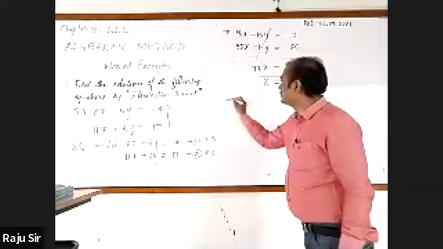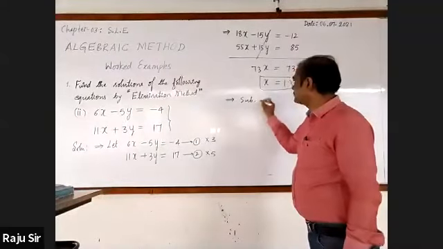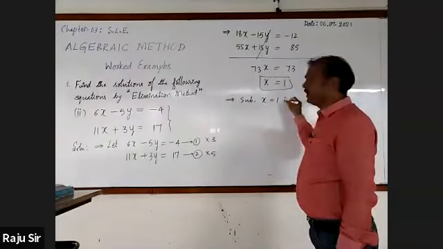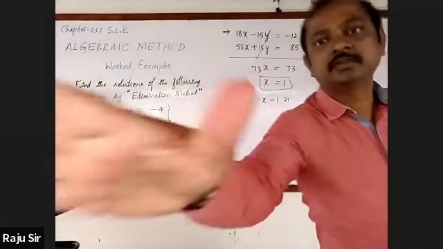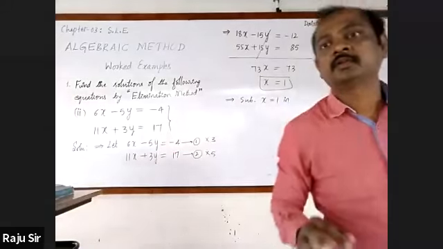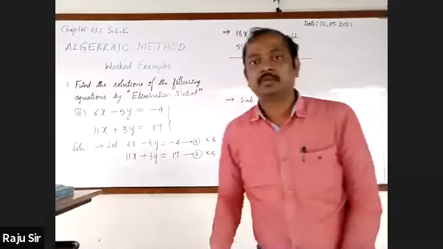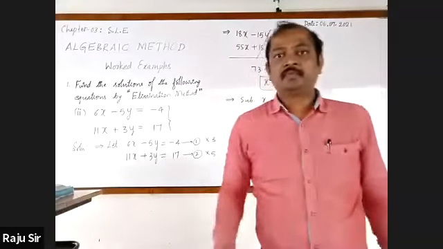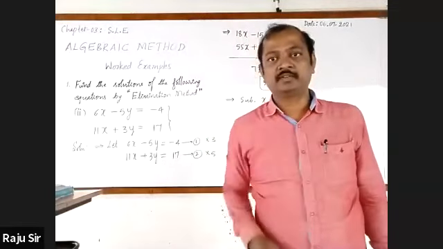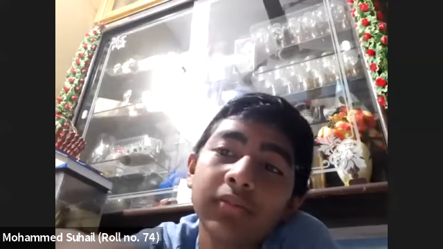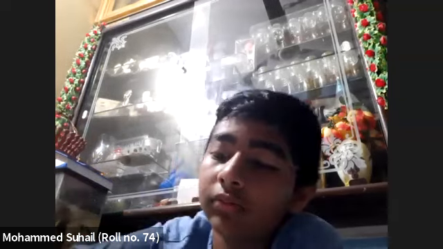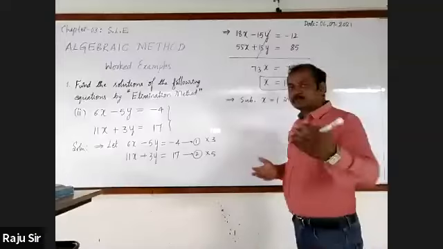Now again put the implies symbol, right? Substitute x equal to 1 in which of these two equations? First equation or second equation? Any equation, you can take either. So which one shall we take?